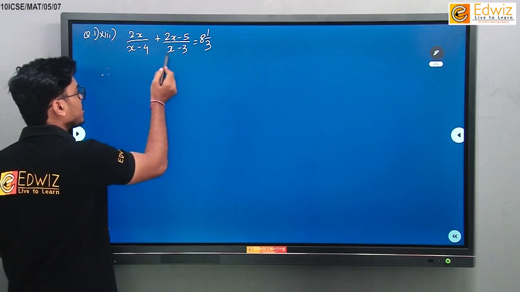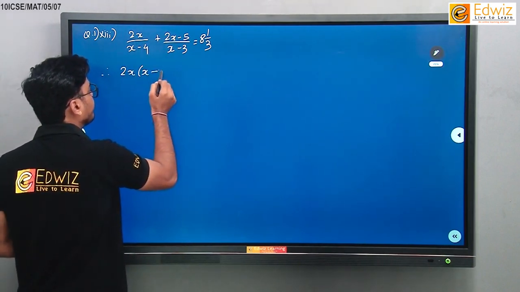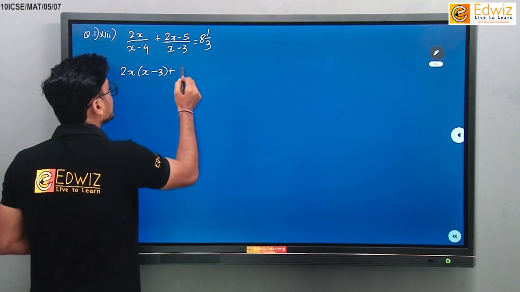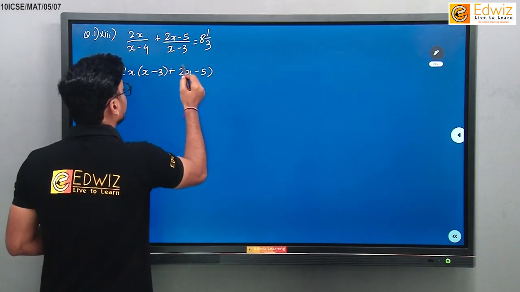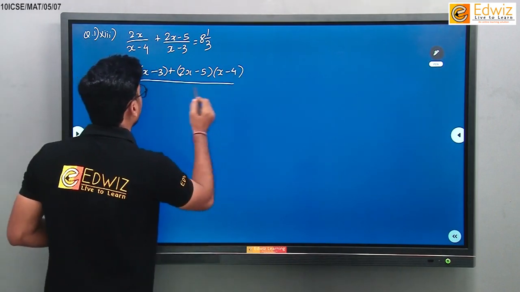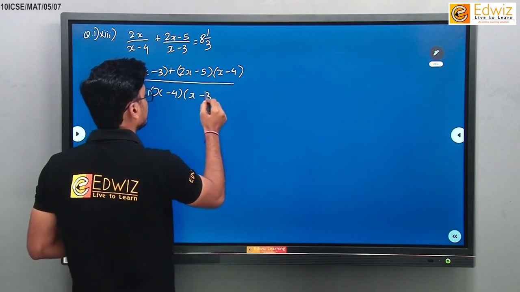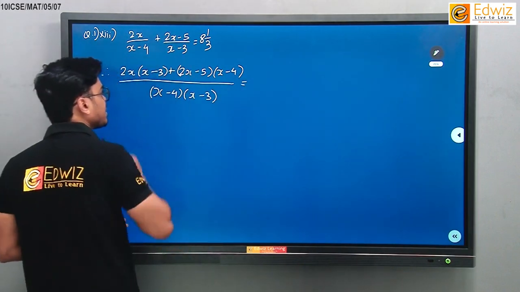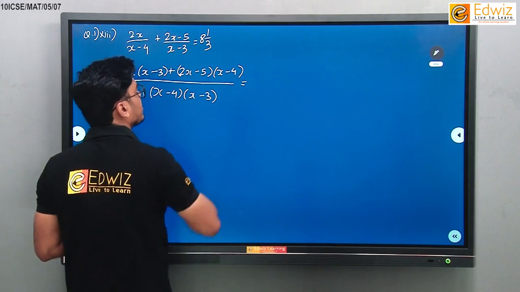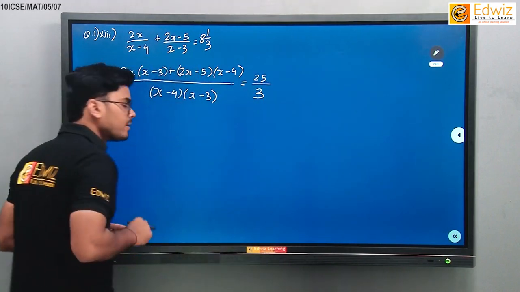What we will do here is cross multiply first. So 2x into x minus 3 plus 2x minus 5 into x minus 4, divided by the multiplication of x minus 4 and x minus 3. On the right hand side, this mixed fraction can be written as 3 8s are 24 plus 1, that is 25 divided by 3.